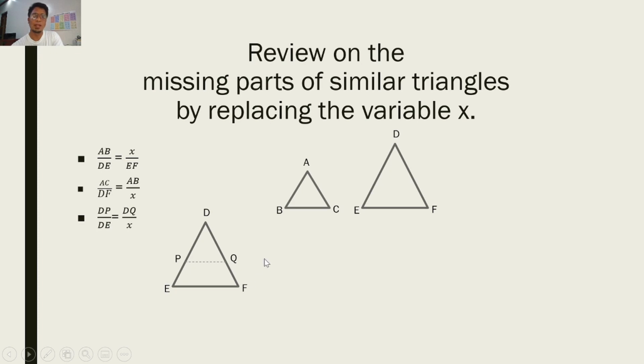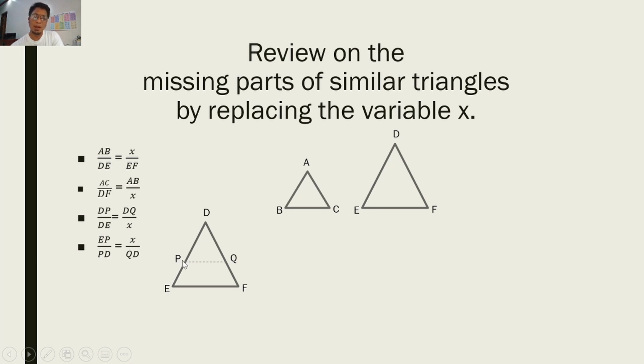Okay? Next. EP, this one, over PD, yung kadugsong. Sir, hindi naman yan sa similar triangle. Dito po sa ating parallel lines, di ba? Dinivide yung sides proportionally. So, pwede natin gamitin proportion po yan. Pwede natin gamitin sa ratio.